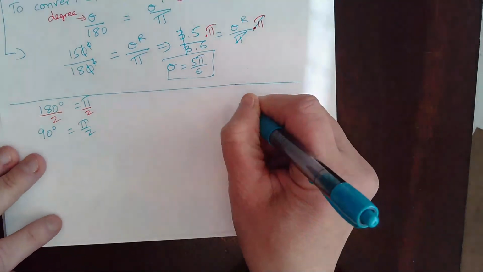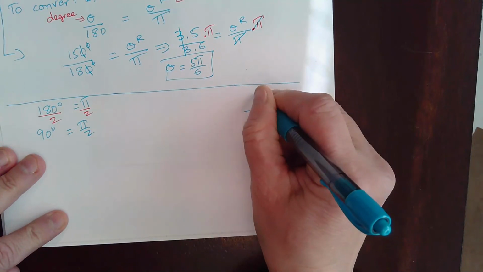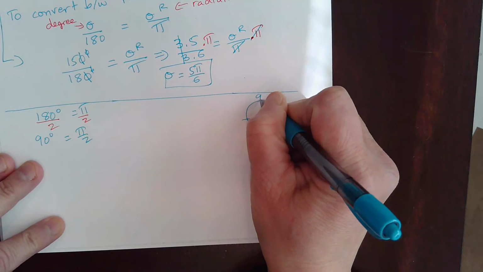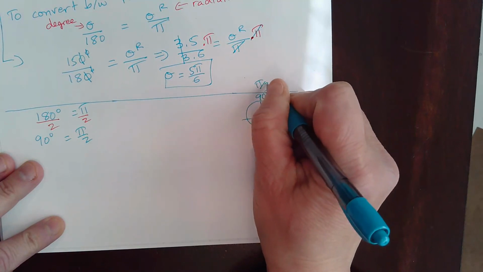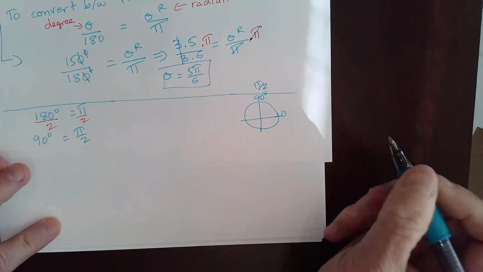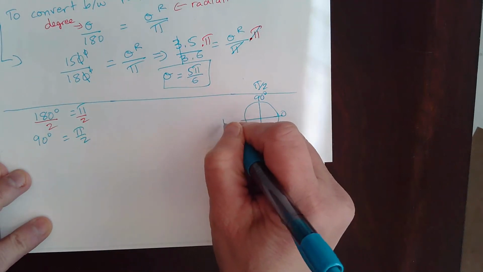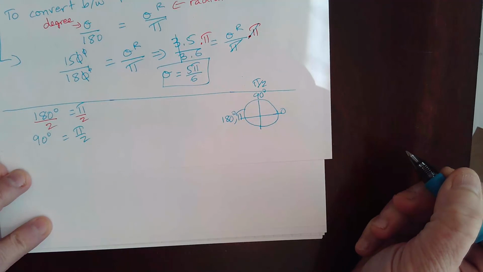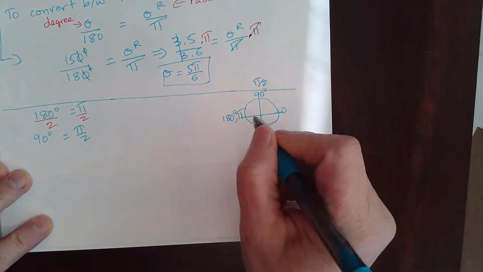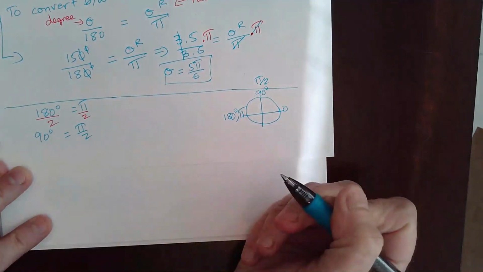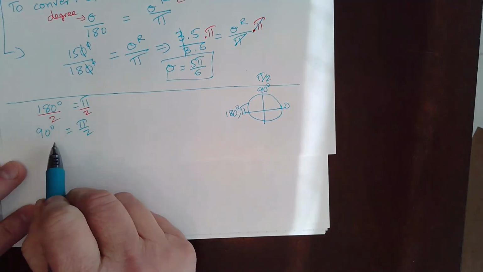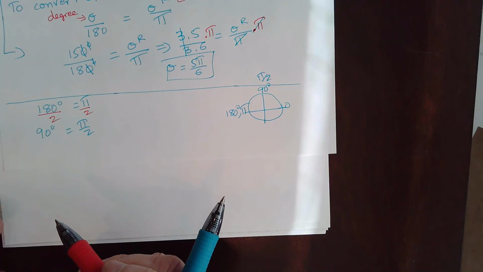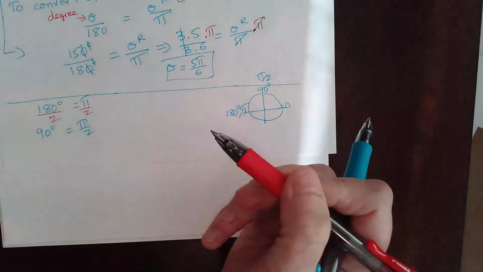So now what do we have? Here's our circle. This is 0. This is 90 degrees, or pi over 2. We just found this out. And then here is 180 degrees, or pi. Then you can use another example. For instance, I can find pi over 4 from here, or 45 degrees.